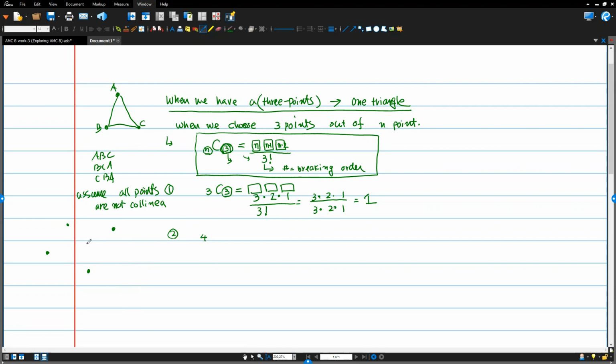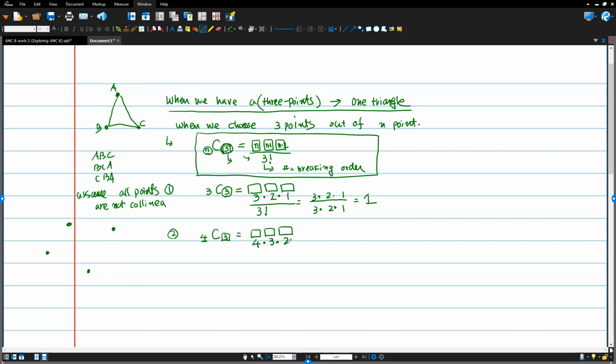We have 4 points. We're going to choose how many ways to choose 3 points. Each choice gives us 1 triangle. So we can try this one. This is 3 spots, same as before. 1, 2, 3 spots. The first one we have 4, we start from this number, that's 4 choices. Second one is 3 choices.